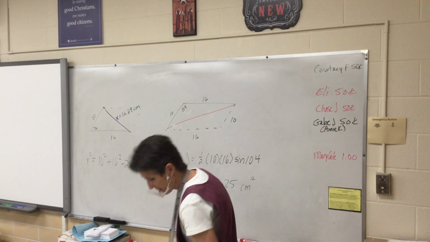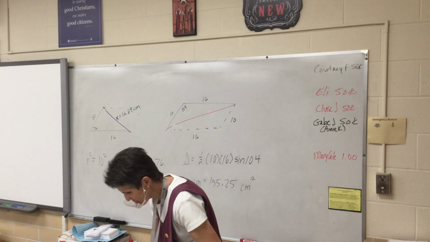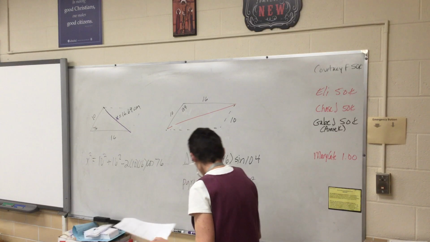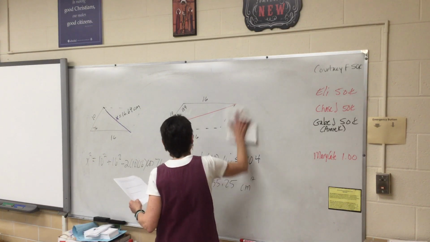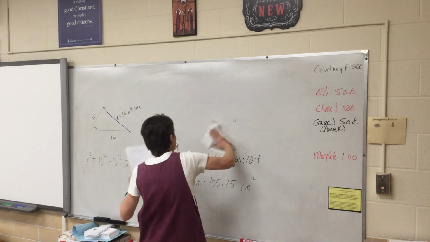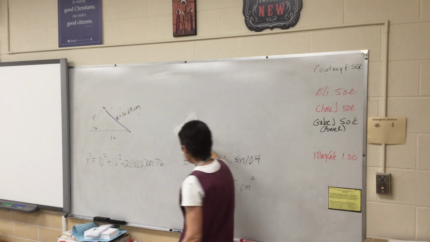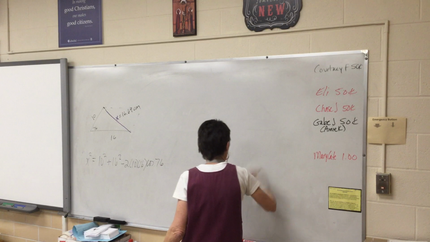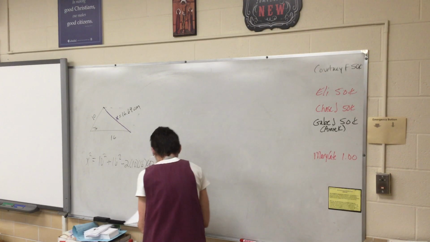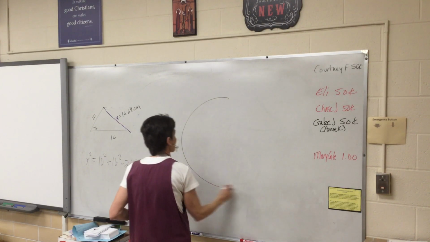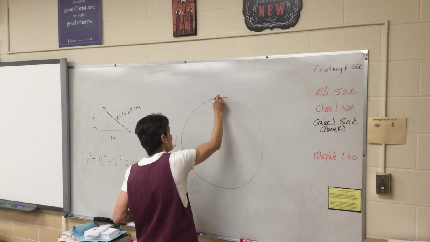Okay, one more, and then this test will be over. I think this should be an easy one, don't you? All right, we got a regular decagon. Big circle, and then 10 dots.